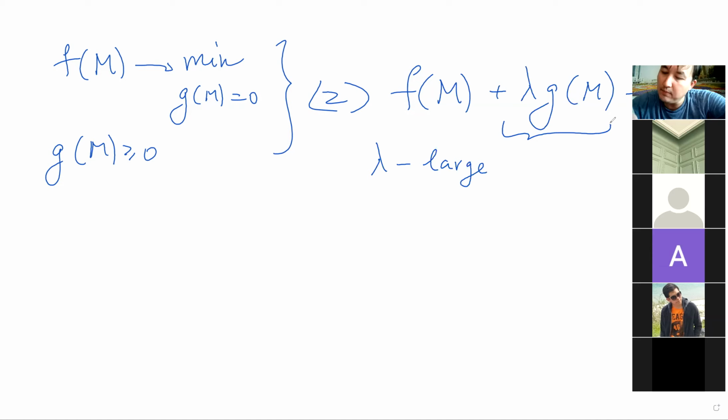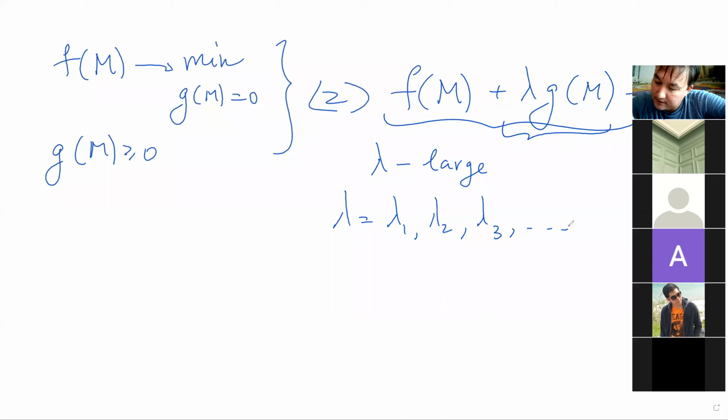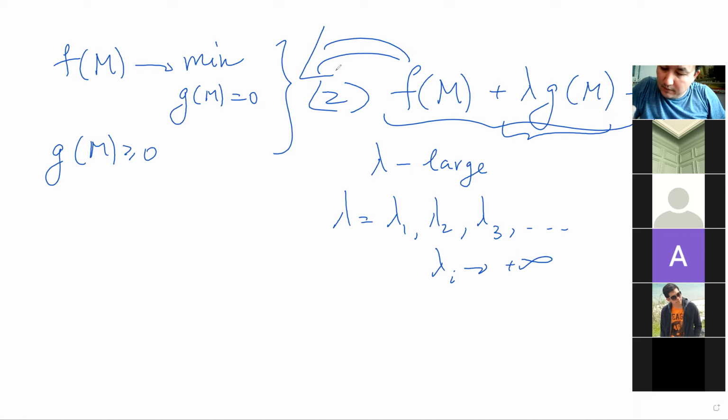So roughly speaking, if you are able to solve this problem for lambda equal to lambda 1, lambda 2, lambda 3, etc., so that lambda i goes to plus infinity, so if you are able to add the penalty for arbitrarily large lambda, you can always choose lambda so large that this problem will give you the solution of the original problem.